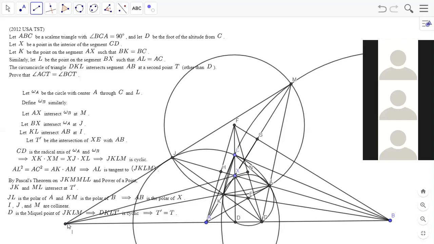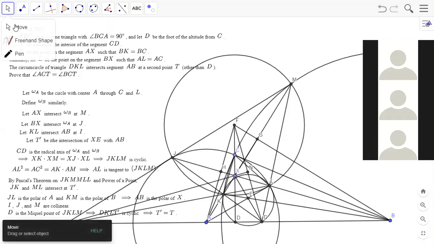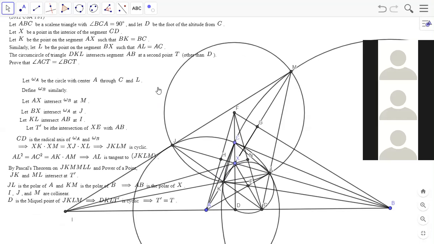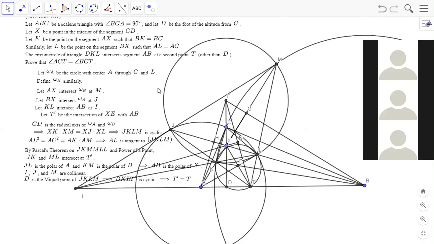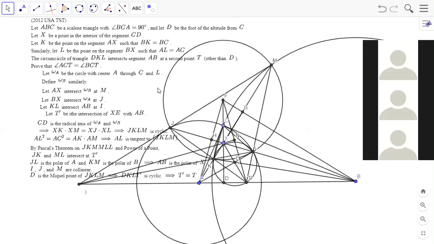So basically you want to show ICNT is cyclic. Okay, I guess. Can you show the other intersection of the circles? The first two ones. Oh, okay. Yeah, so like down at the bottom. Can you name it? Yeah, let me shrink some stuff.